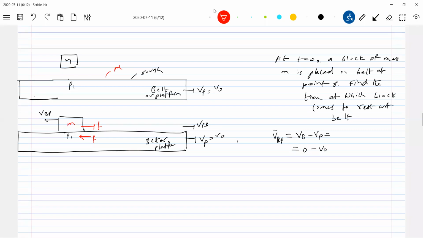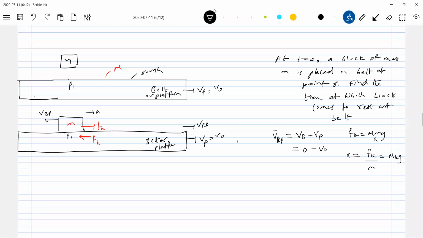It will be kinetic friction, since there is relative motion. Fk should be equal to mu k mg. Then the acceleration is equal to Fk by m, which is mu k g, in this direction for the block. So because of this friction, the block will accelerate after some time.